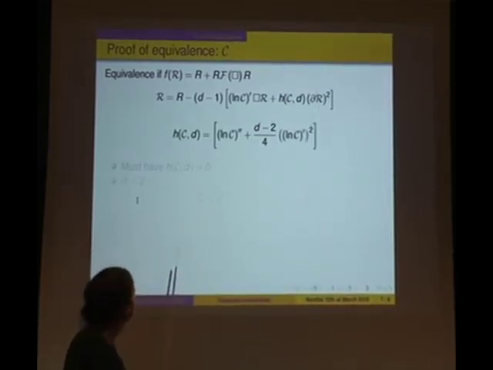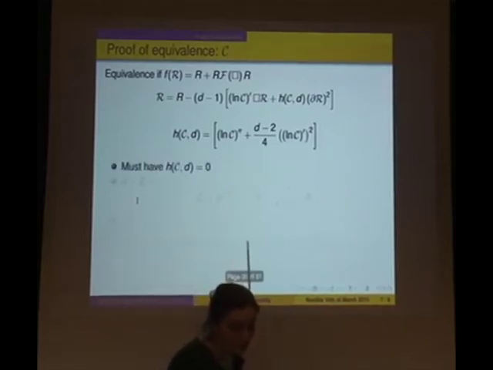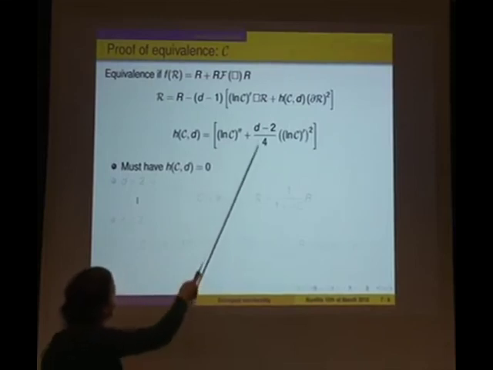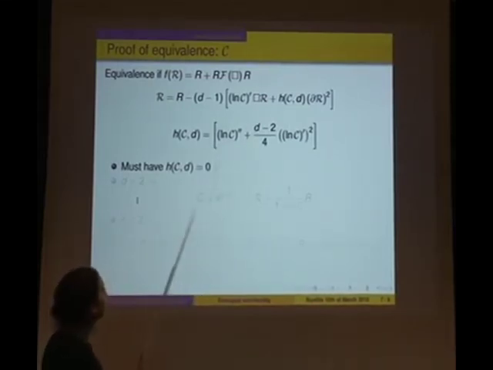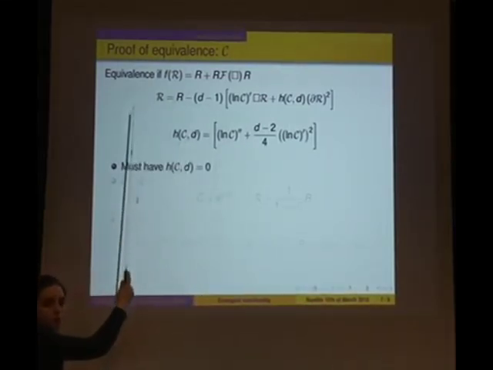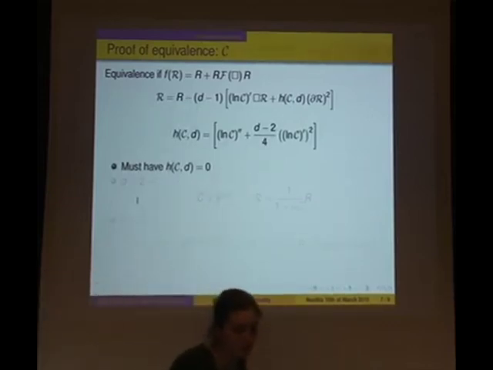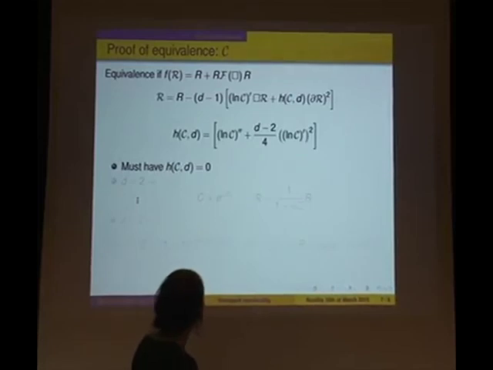You still have terms like that. So you need to have this h term go to 0, and then there's a difference between different kinds of dimensions. Of course, dimension 1 is completely trivial.